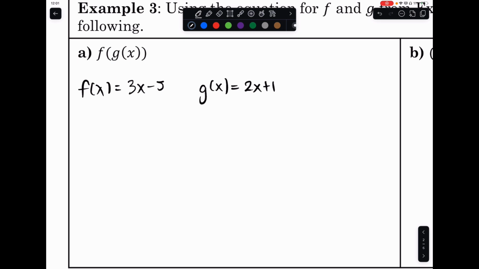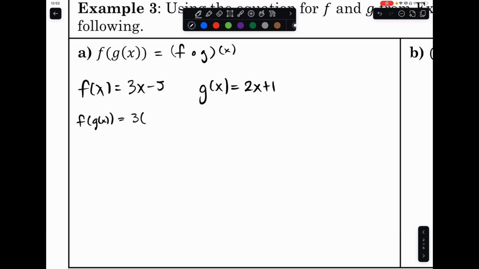To do this, this notation, which is the same thing as f of g of x, means that we're simply going to take the function g and plug it into the function f. So this right here is going to be plugged into f. To figure out what f of g of x is, we take the function f, which is 3x minus 5, and replace the x value with g of x.